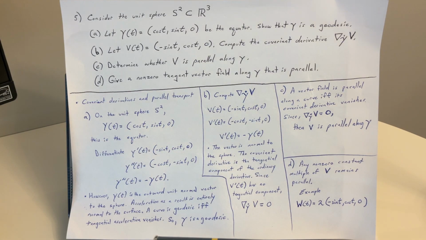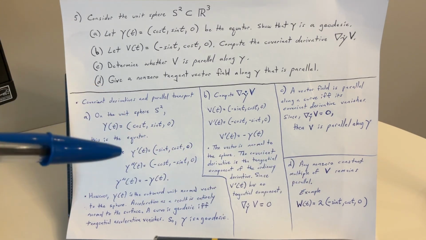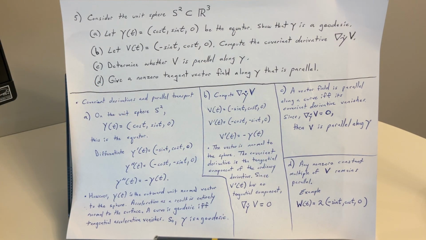Any non-zero constant multiple of v remains parallel. An example in this situation: w of t equals 2 times negative sine t, cosine t, 0. That's related to that first derivative function there. So that's A, B, C, D for number 5.